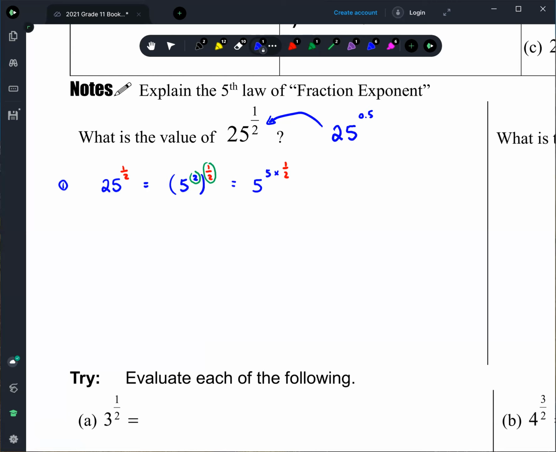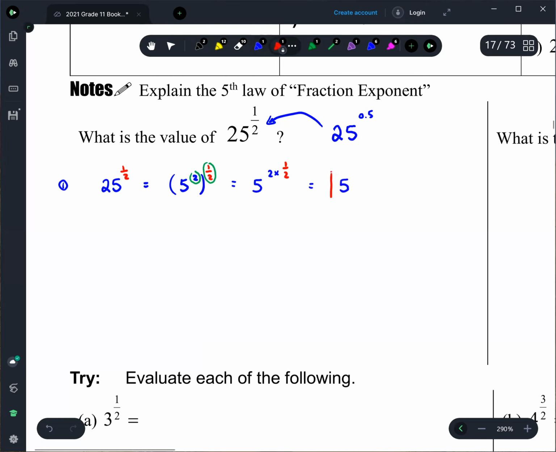That would be 5. Not 5. It's 2. Yeah, my bad. I don't know why I wrote 5. Okay, 2 times a half. What would that equal? That would equal 1. Yes, okay. So equal to 5 to the 1, which is just 5. Okay, so your answer for 25 to the half becomes 5.